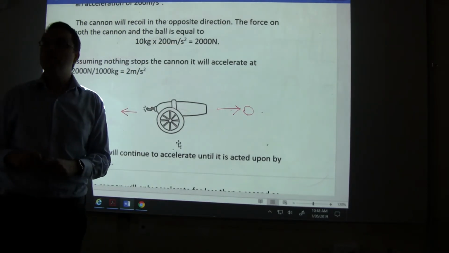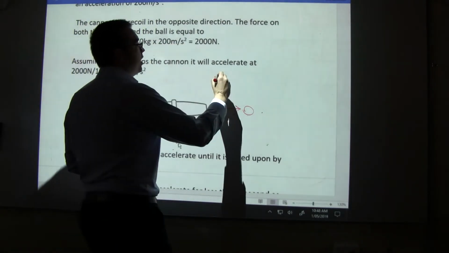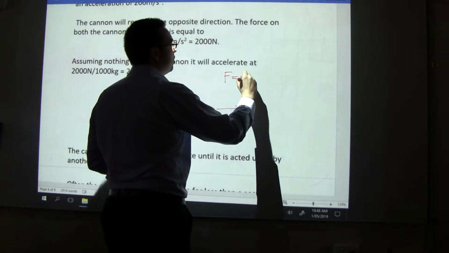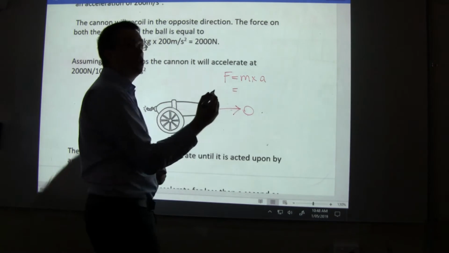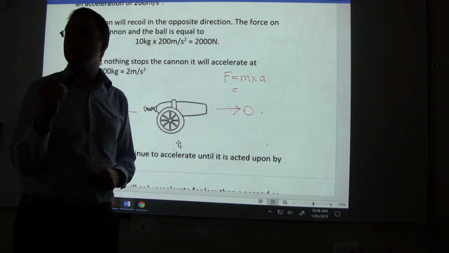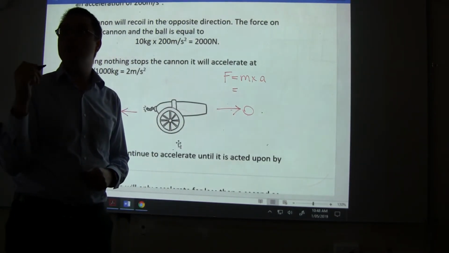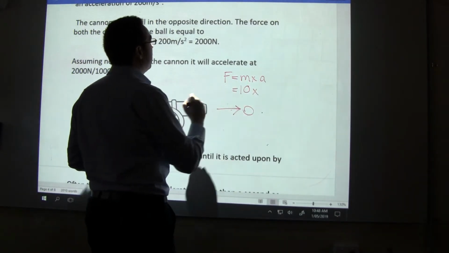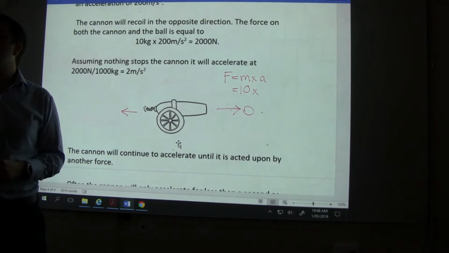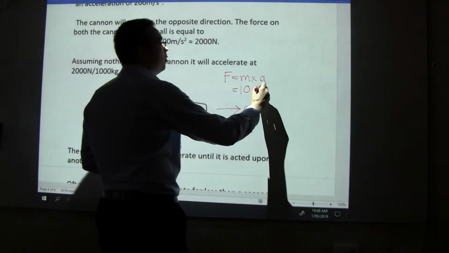Let's have a look at that. Here, the cannonball has a force equals mass times acceleration. The mass, we said the cannonball weighed how much? What was the mass of the cannonball? 10. And how fast is it accelerating? 200 meters per second squared.